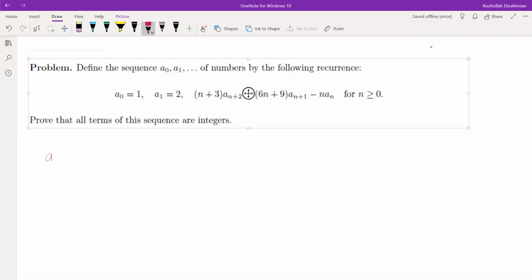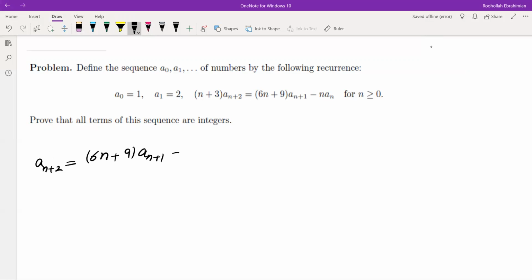If you divide both sides by n plus 3, you realize that there's a fraction. So you would get (6n plus 9) a_{n+1} minus n a_n, divided by n plus 3. You could show that these numbers are all rationals, but showing that they are integers is not really possible using this method.